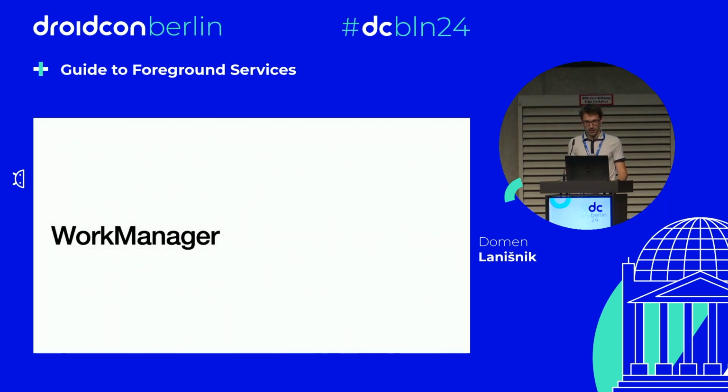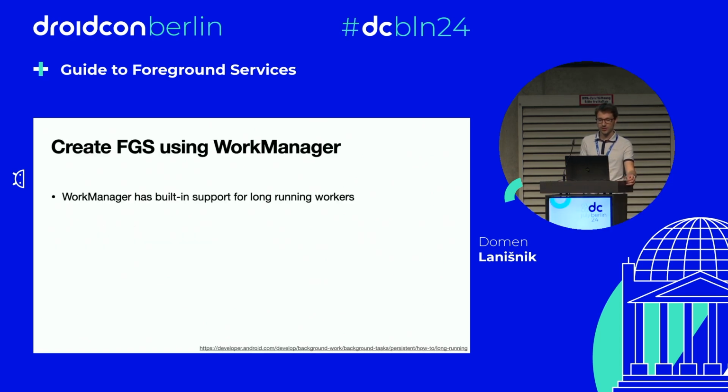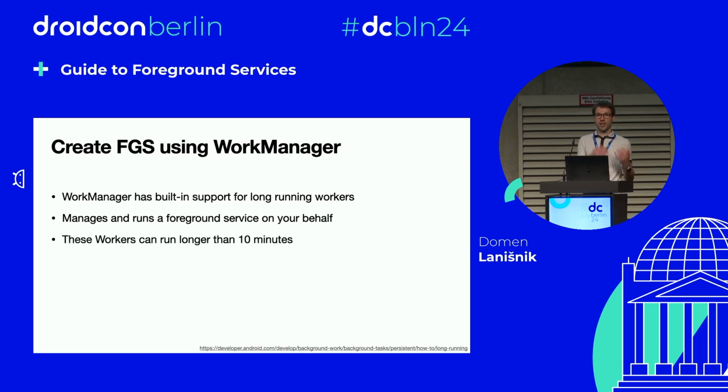Cool. Okay, so the other way that we talked about is using a work manager. Work manager has built-in support for long-running workers. And it actually manages and runs a foreground service on your behalf in the background. Because Work Manager can provide a signal to the operating system, it can run this kind of workers for longer periods of time.